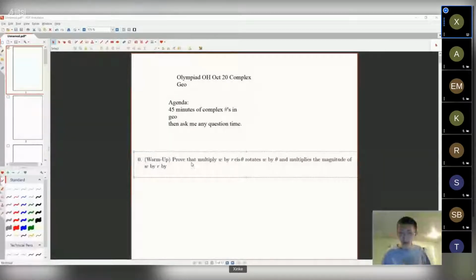Okay, so we're just gonna do some complex numbers and geometry problems. So first, let's just review what happens when you multiply two complex numbers in the complex plane.